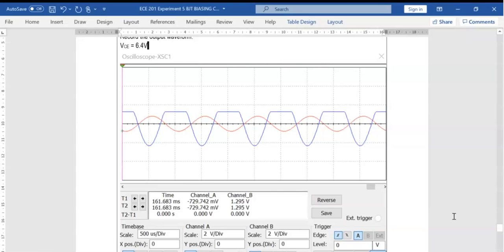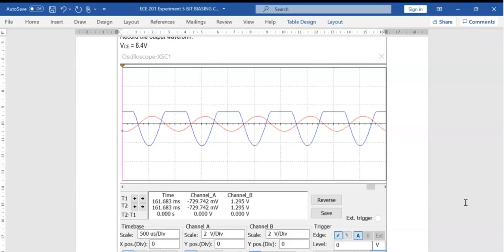So you can see now the effect of having an incorrect position of the Q point, BCEQ. The BCEQ should be at least half of the supply. Our supply is 8 volts.